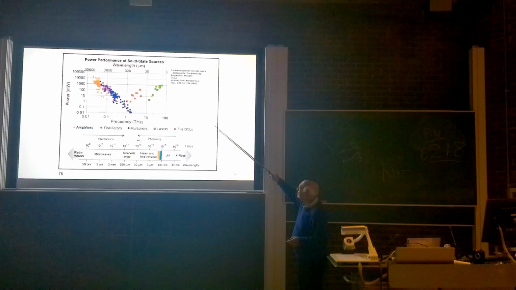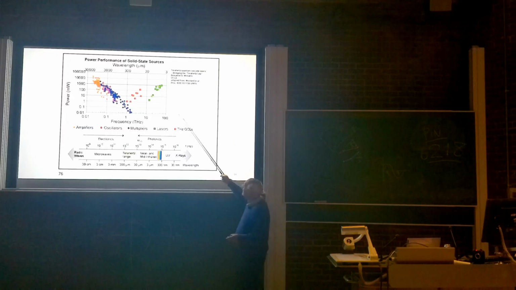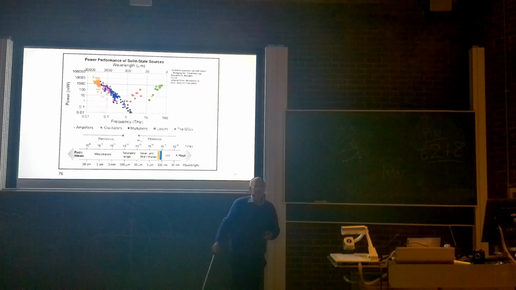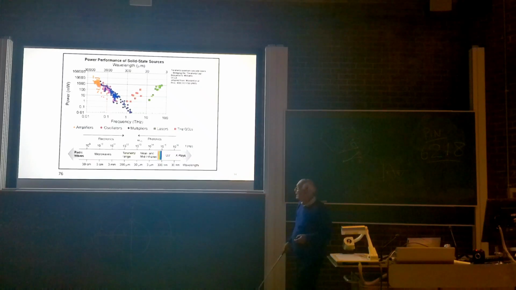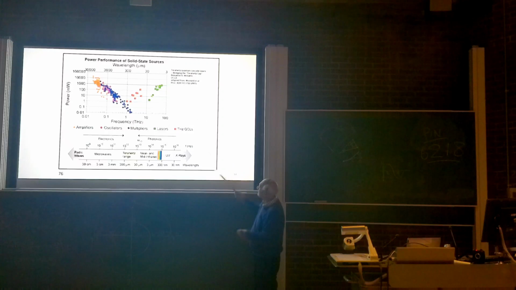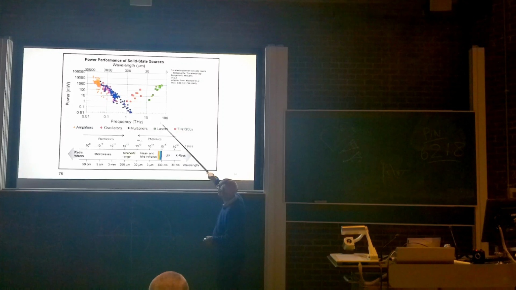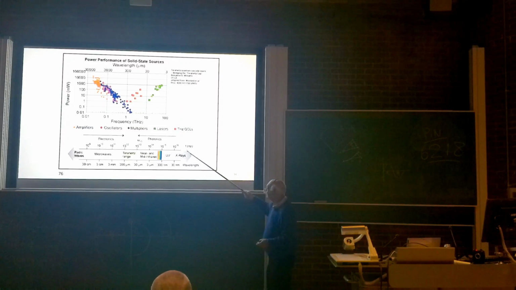So the problem is, at these higher frequencies, to get more power out. You can power performance solid state sources and so on. You can see that the blue curve tells you the best it can be done with certain technologies.